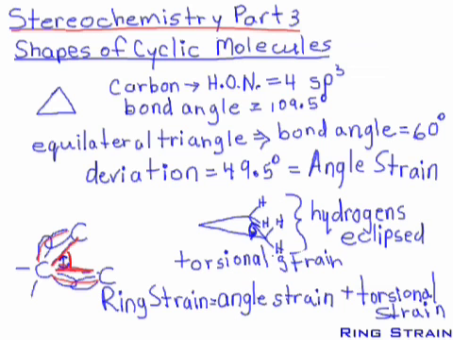Now, because of the eclipsed hydrogens, the torsional strain, because of the heavy amount of angle strain, cyclopropane is one of the most strained cyclic rings one can generate. By the time we get out to cyclobutane, we have significantly reduced our angle strain.